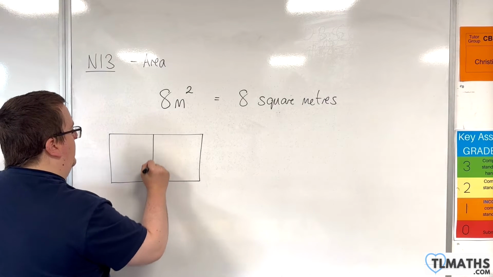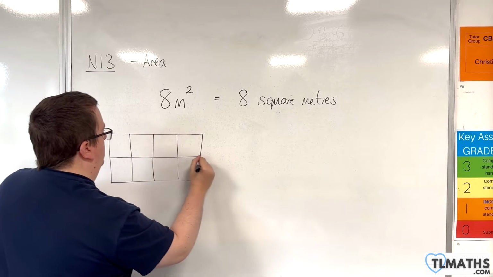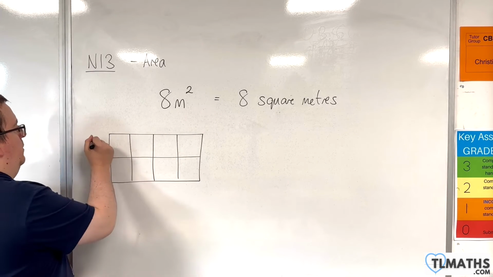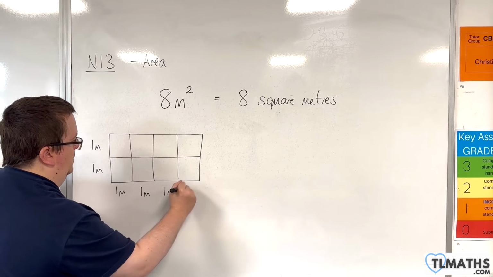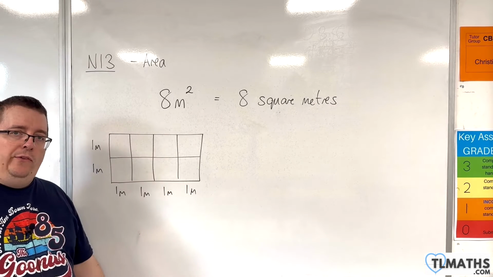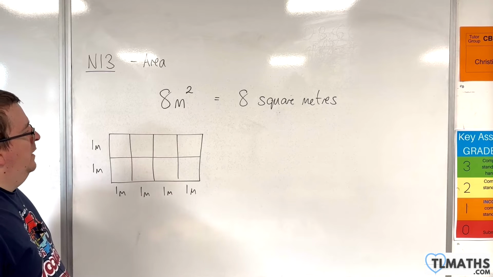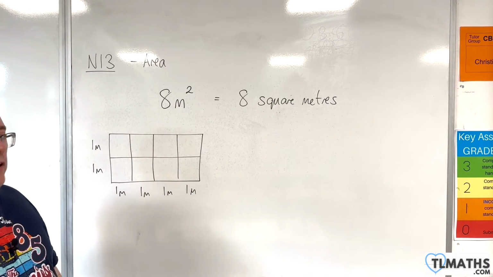So let's say I had something like this. I imagine that each of those was a square. If that's 1 meter, 1 meter, 1 meter, 1 meter, 1 meter, 1 meter, this is 8 square meters, as you might expect it to be, if they're laid out like that. So if you had tiles, for example, you would know how many tiles you would need.